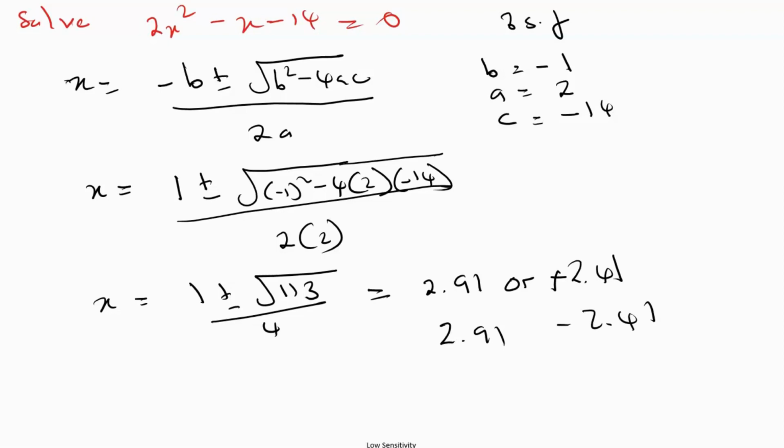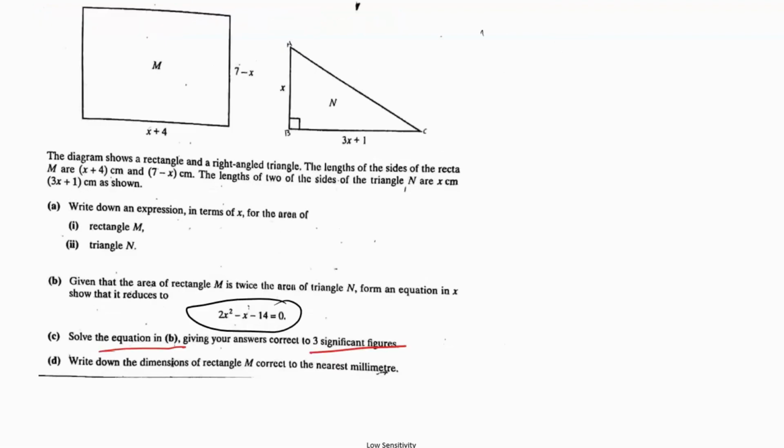All right. So now, what can we do now? We know that x has to be positive. So we have it in three significant figures. We know what the value is, and so now we go to D.